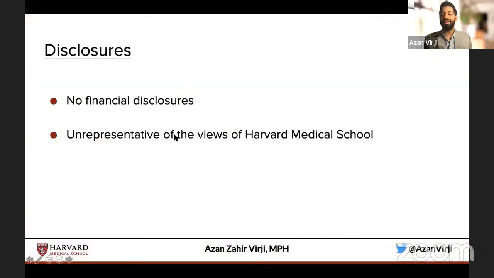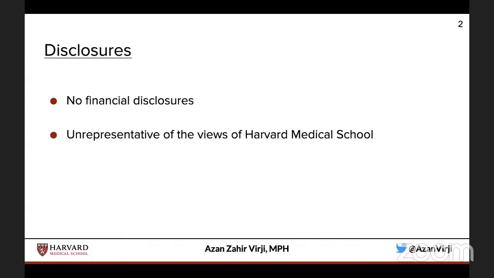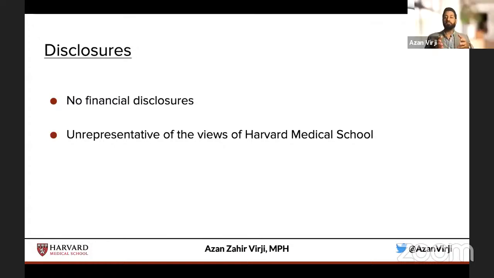A couple of things to start off with in terms of disclosures. I have no financial disclosures. I think it's important to say I am not going to make any money from saying any of the stuff I'm going to say. I'm also not going to promote any private organization. Another thing to mention is that everything I'm going to tell you is not representative of the views of Harvard Medical School.